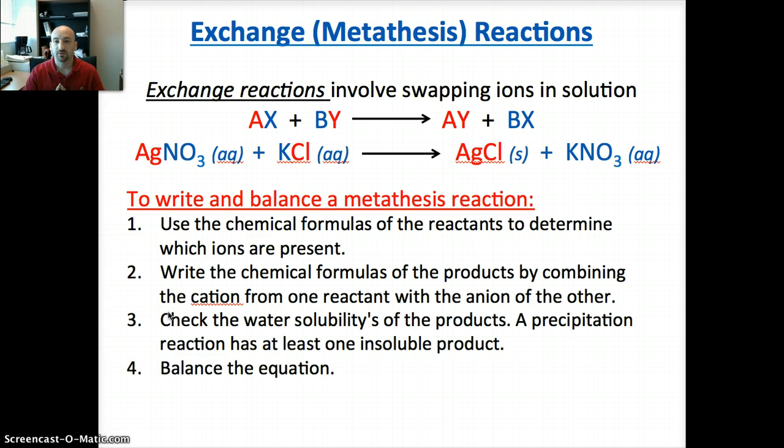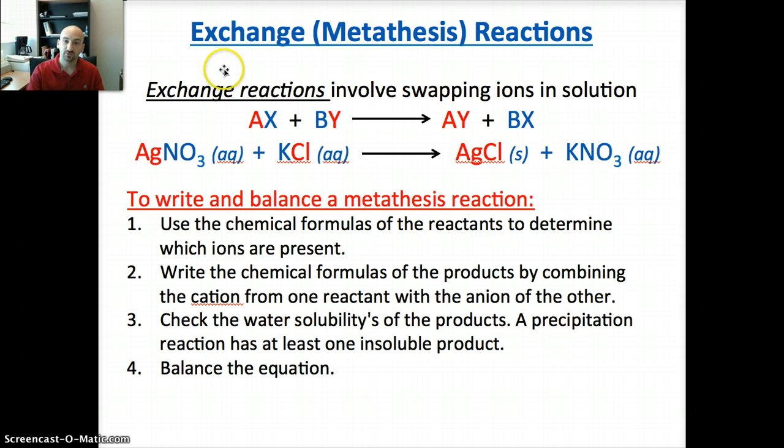One type of precipitation reaction, and another common type of chemical reaction that we see, is called an exchange reaction. This is also called a metathesis reaction, or more commonly a double displacement reaction. These reactions just involve swapping the cations and anions from the reactants.